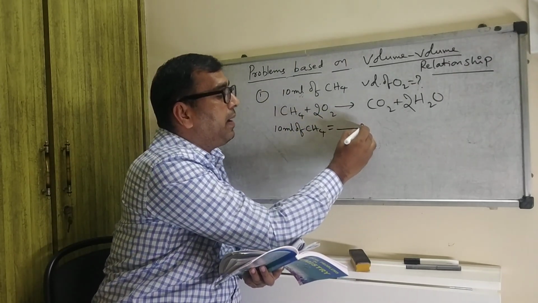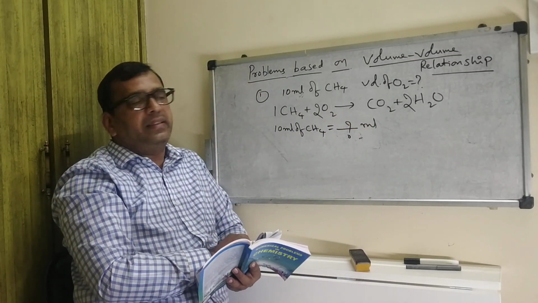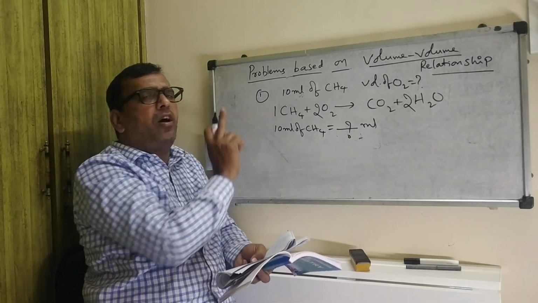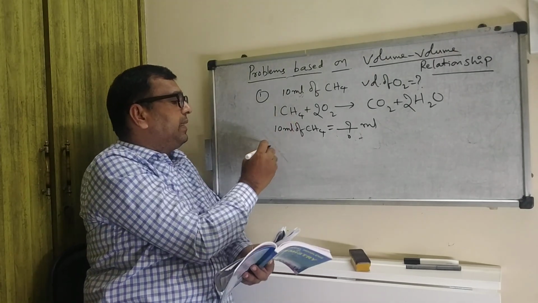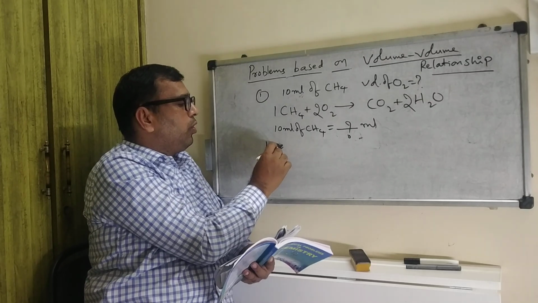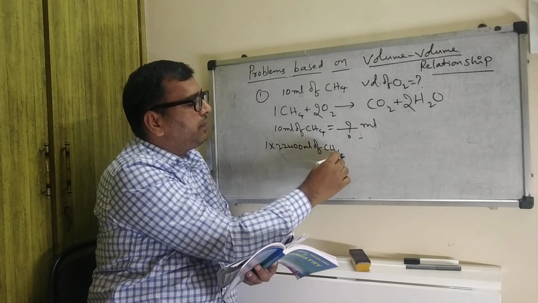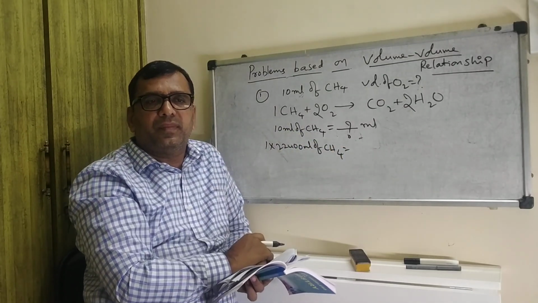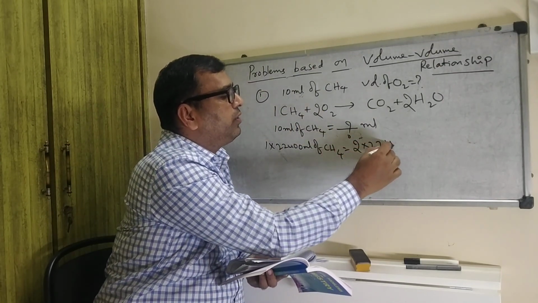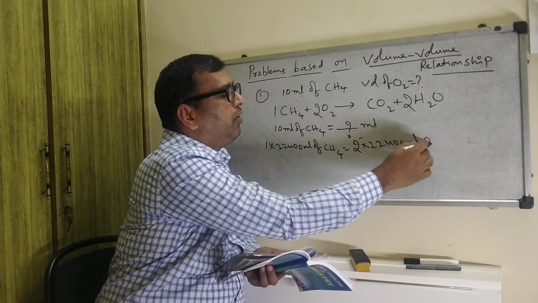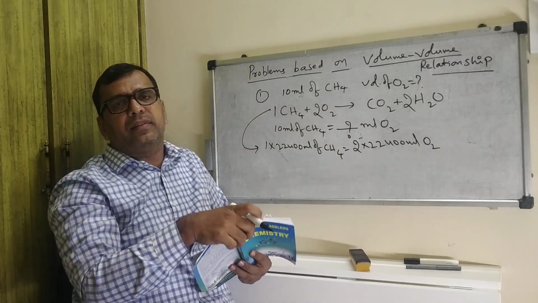If you want to calculate in ml, generally 1 mole of any gas, so 1 mole of substance means 1 into 22,400 ml of methane reacts with 2 into 22,400 ml of oxygen. This is the standard statement from the equation.